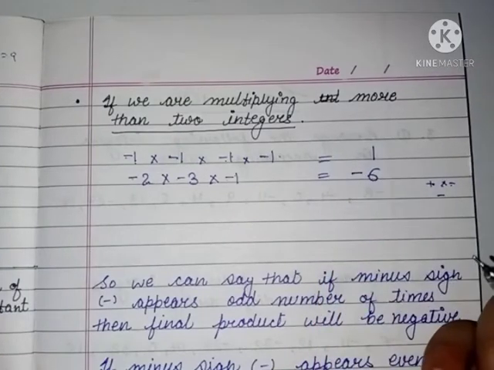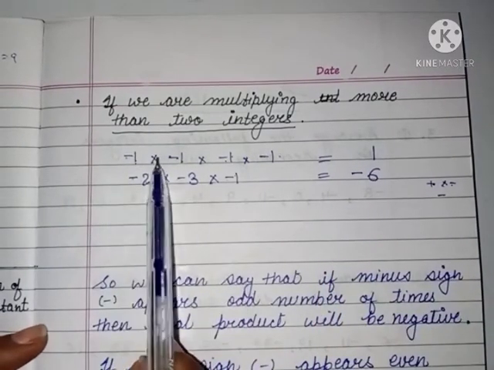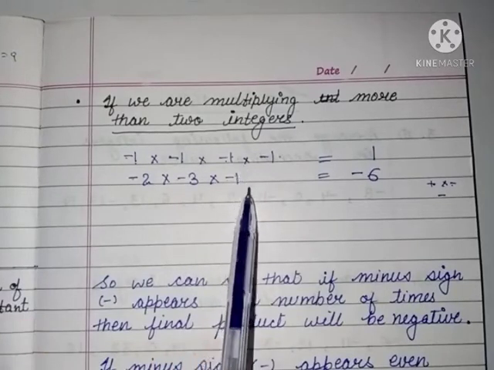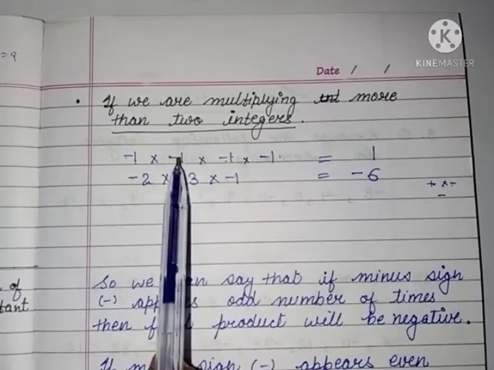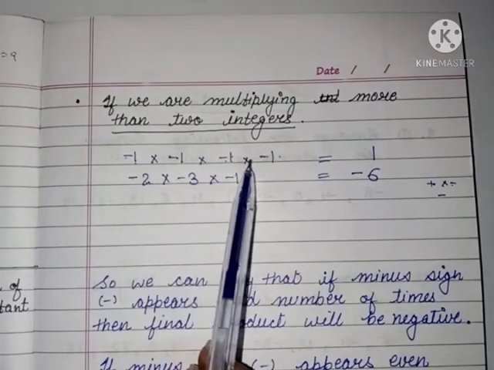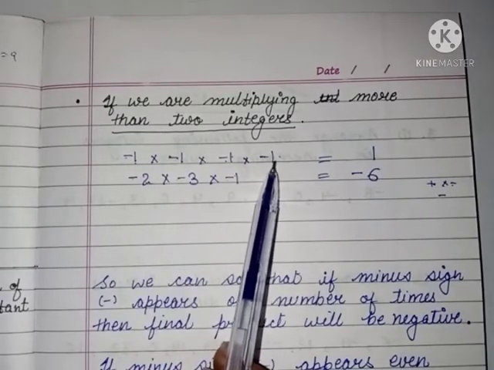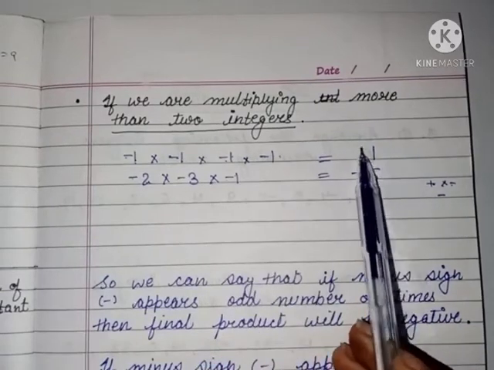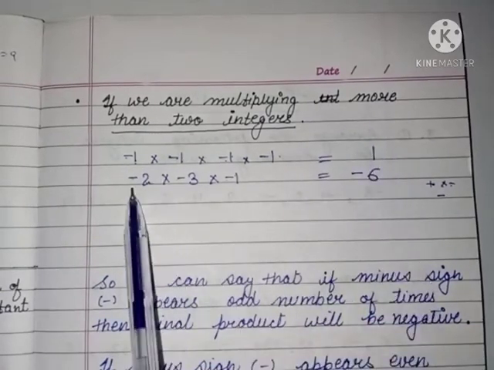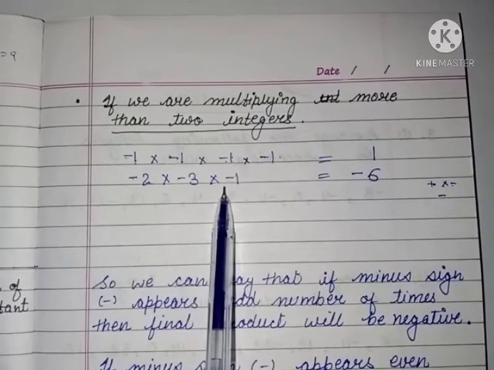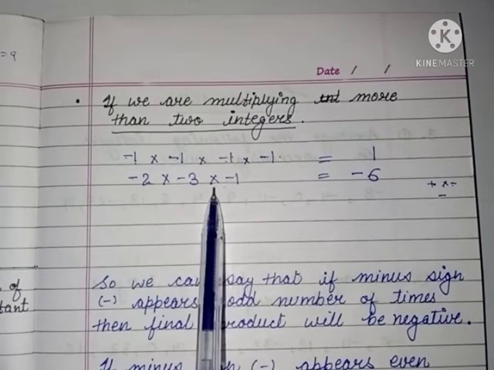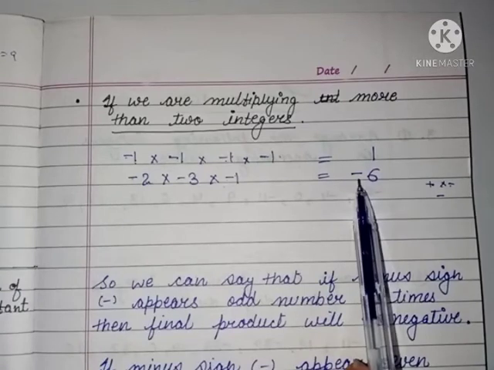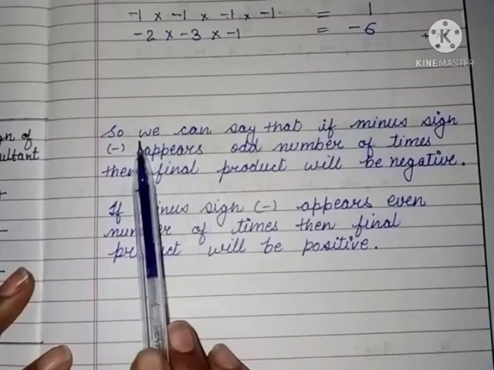So we can say that if minus sign is occurring even number of times, even you know na, 2, 4, 6, 8. If minus sign is occurring even number of times while doing multiplication, answer will be in plus. If minus sign is occurring odd number of times while multiplication, sign will be of minus. So this I have written here.